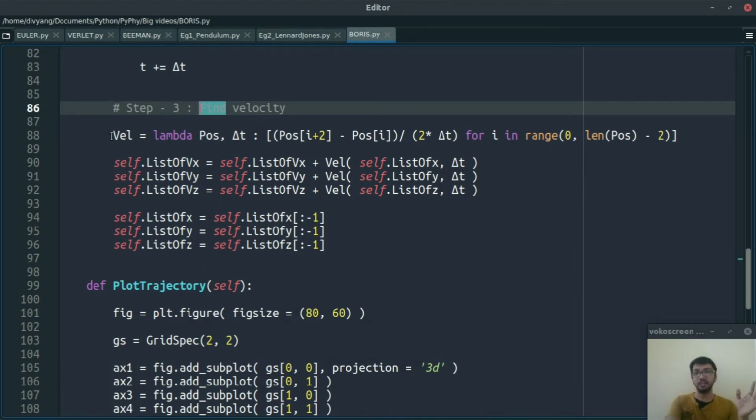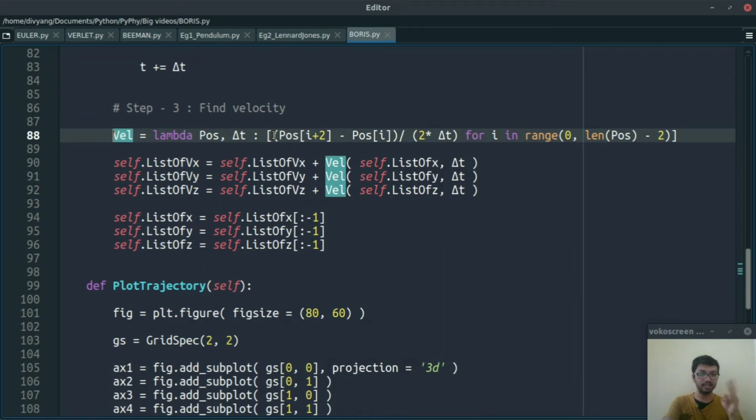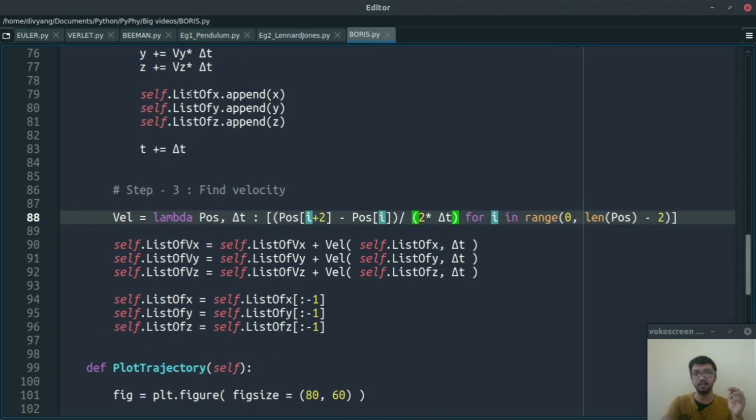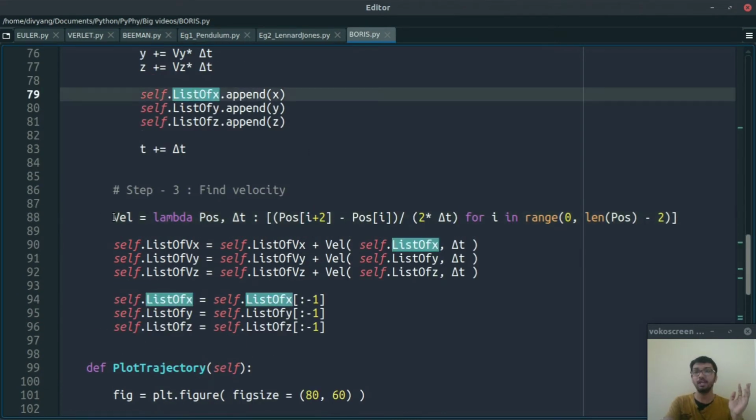So here's the trick I am using. As I have discussed in the second part of this series, I will use this equation, position i plus 2 minus position i divided by 2 delta t, which means from this list of positions I will calculate velocity, right?